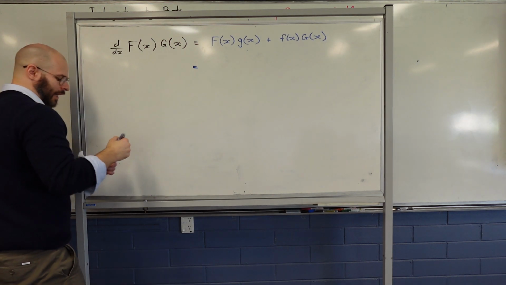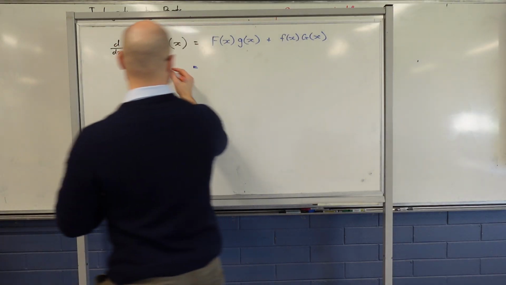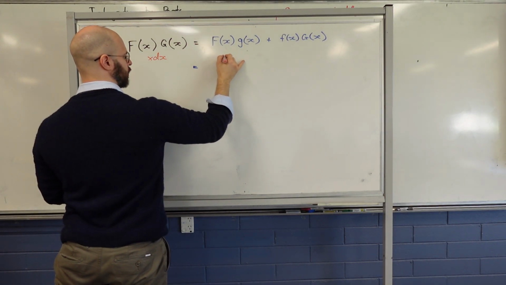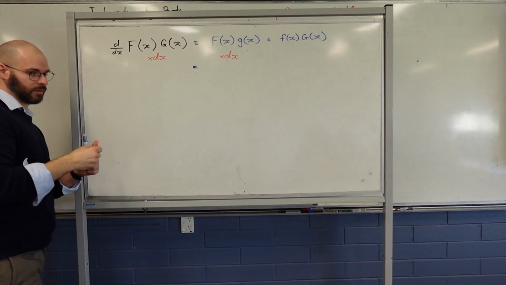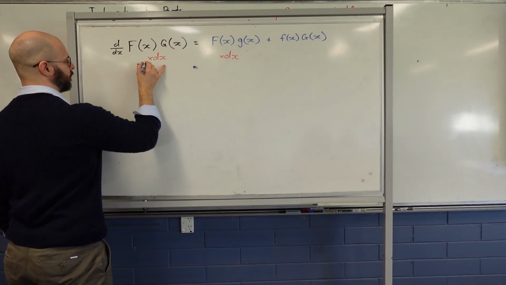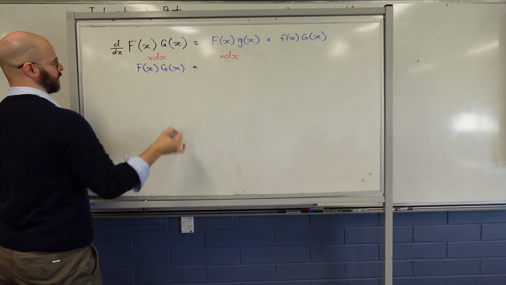Alright, next line we're going to get swifty. I'm going to multiply everything by dx, and I'm going to take the integral. So this is going to become f of x, g of x.